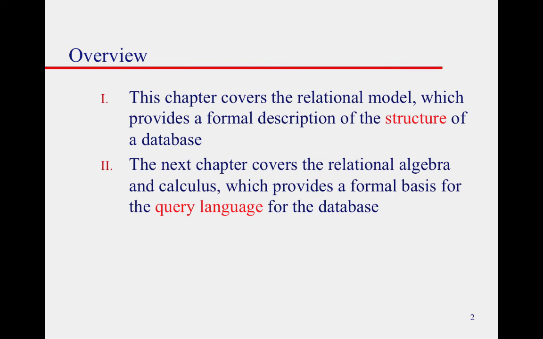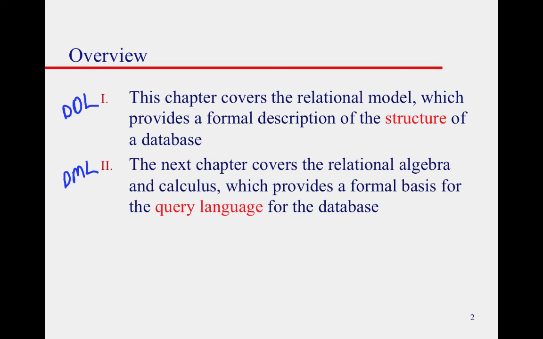So chapters 4 and 5 give you the theory behind the relational model. The way to think of it is that chapter 4 is really talking about what we would associate with the data description language, and chapter 5 is really talking about what we would call the data manipulation language.